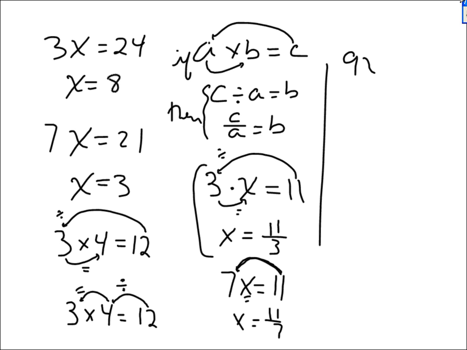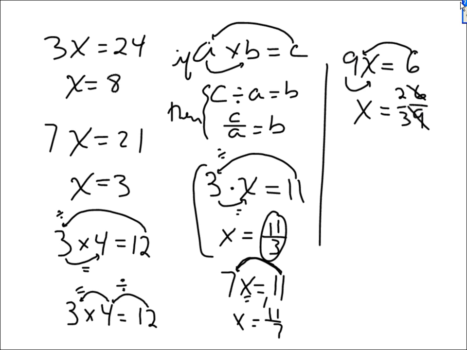If 9 times x is equal to 6, well then you should say 6 divided by 9 equals x. But this can be reduced. 3 does go into both of those numbers 2 and 3 times. So x equals 2 over 3. The other answers, by design, weren't able to be reduced. If you can reduce it, go for it.